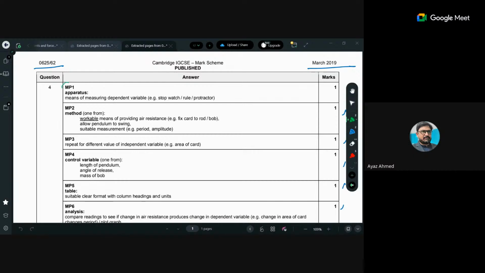This is the MP1 mark. MP1 is your mark number 1, related to your problem handling, and it is about which operators, what to measure, and how to measure. If you have added all these W's, W, H, and W, you will score 1 mark.